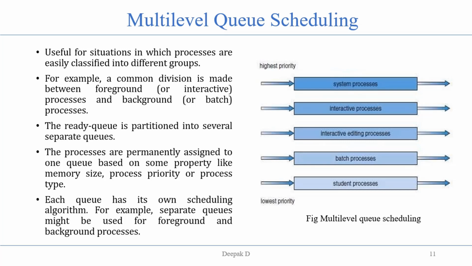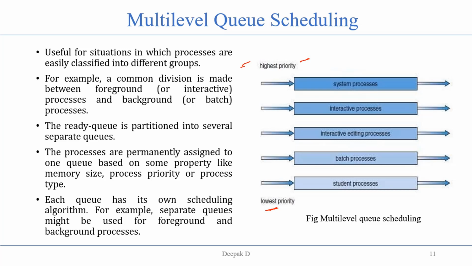In this scheduling algorithm, the ready queue is partitioned into separate queues. You can see this clearly in the diagram, where there are higher priority queues and also lower priority queues.